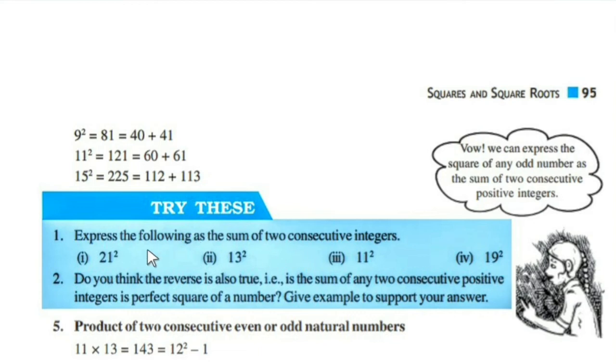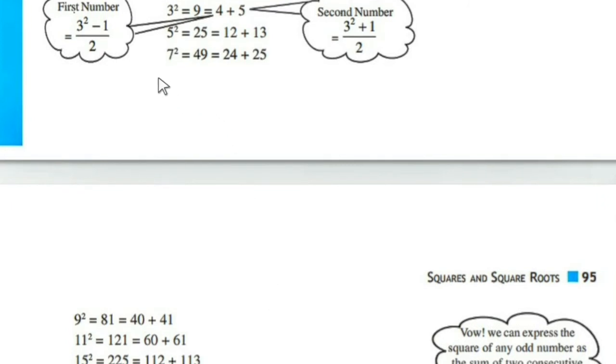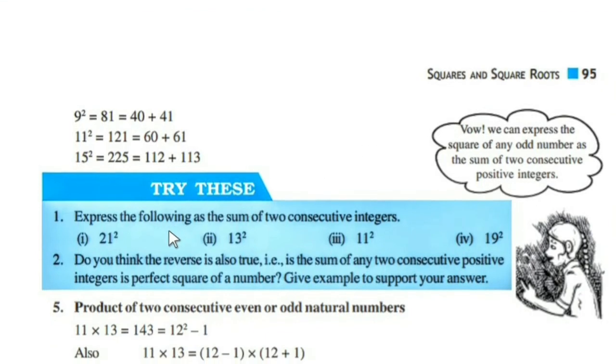Now see, if you want to find the two consecutive integers, we will follow the method given above. That is, one number is (this number square minus 1) upon 2 and the other is (this number square plus 1) upon 2. So similarly, here first number will be (21 square plus 1) upon 2. Second number will be (21 square minus 1) upon 2.